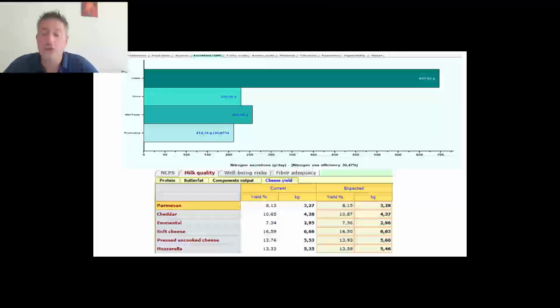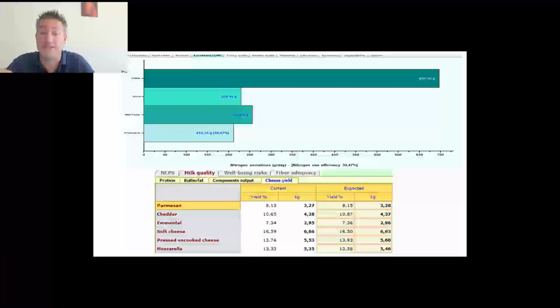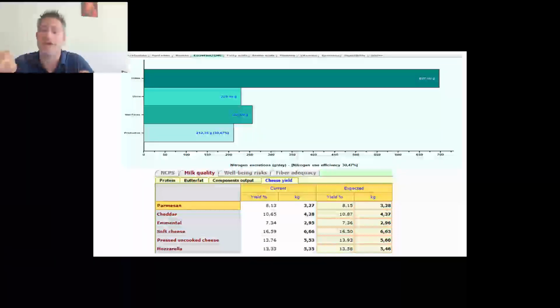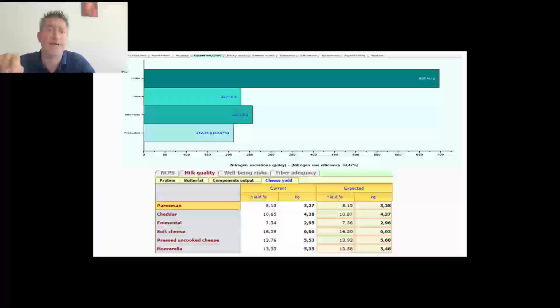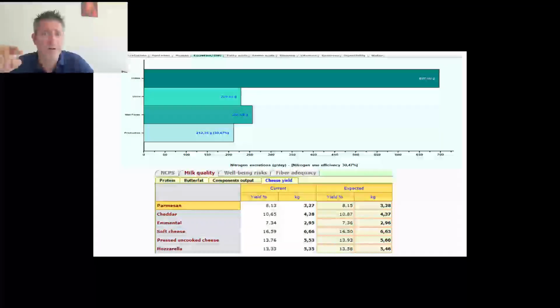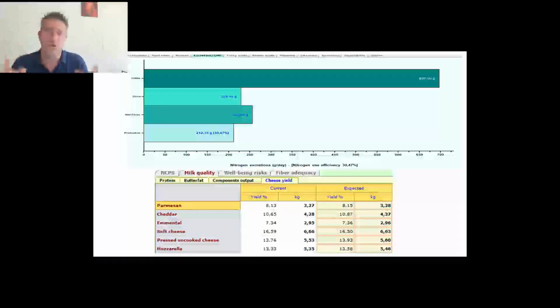Then we have 250 grams lost with the feces, 230 grams lost in the urine, and the overall intake was 700 grams per day. This is the grams of nitrogen, 700 grams of nitrogen multiplied by 6.25, and we will have the total content of protein ingested per day by the cow.